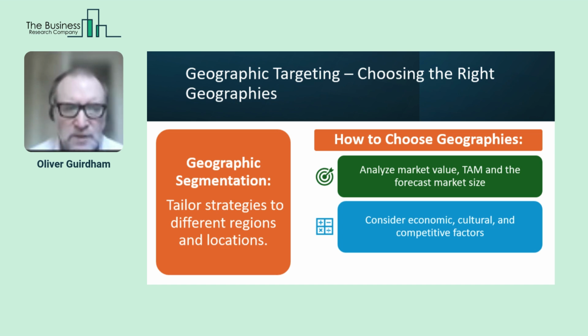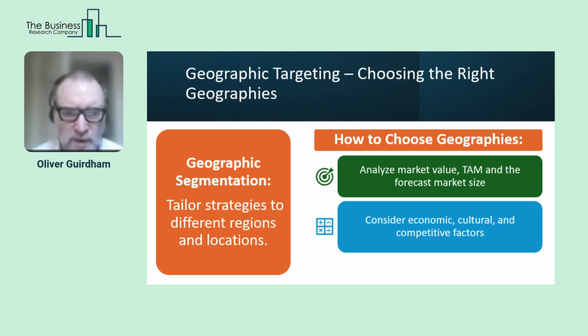So when it comes to choosing the right geographies to target for your business, analyzing the current market value and the total addressable market, those are two things that you really want to be thinking about all the time. What is the current value of my market, and how do I target taking a bigger share of that, and what could my market expand to?